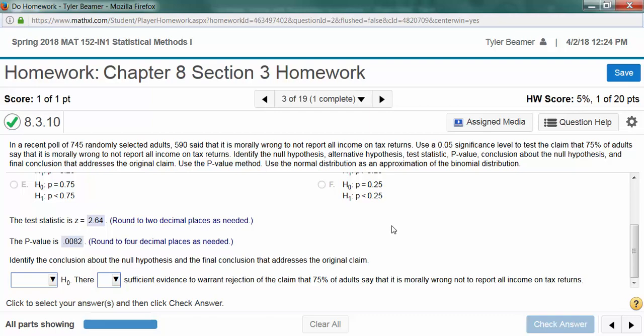And then from there we compare the p-value to alpha, and notice that our p-value is much smaller than alpha. So then we would reject the null hypothesis, and there is sufficient evidence to warrant rejection of the claim that 75% of the adults say that it's morally wrong not to report all income taxes.